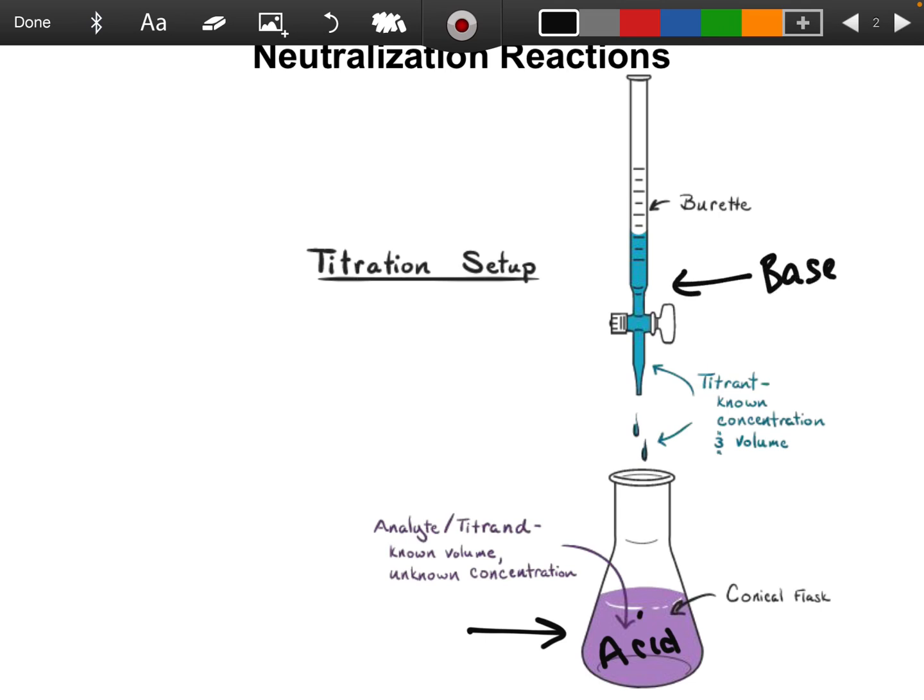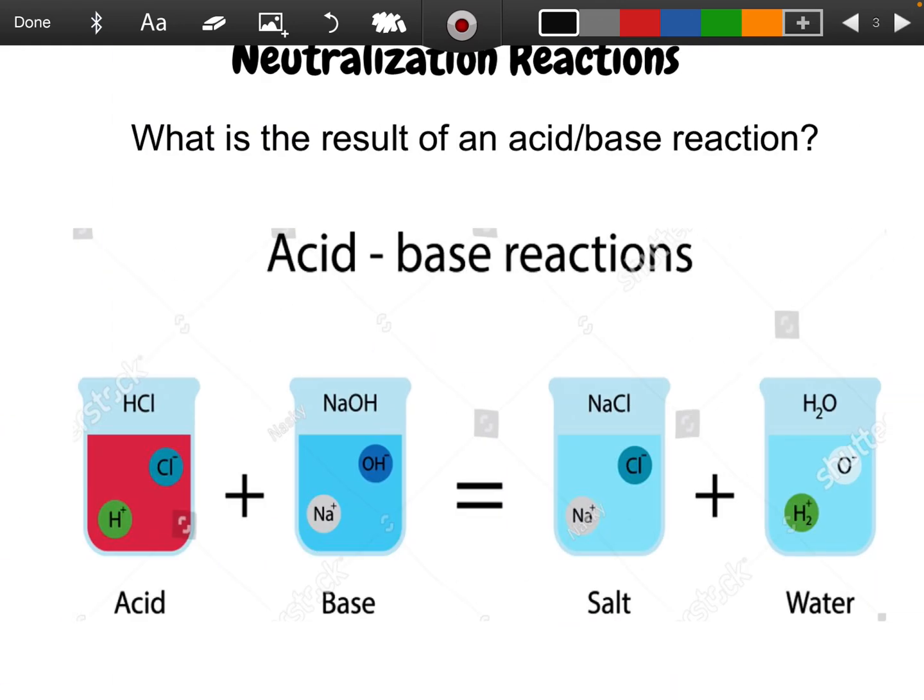This is a burette. It's basically a long, skinny piece of glassware with markings on it. That will help you read the volume of how much base you have to add to neutralize the acid, or vice versa. So that is what the titration setup looks like.